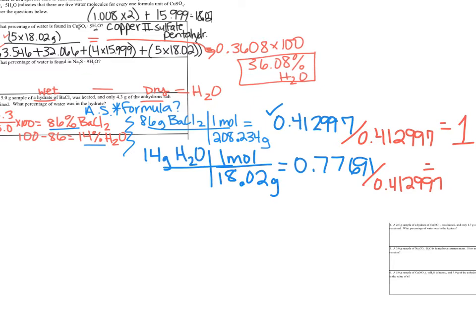So you get 1.88. Since this is lab data, those numbers don't always come out the prettiest, but this is close enough to round up to 2. And so, like I said, with lab data, that's usually what we have to work with.